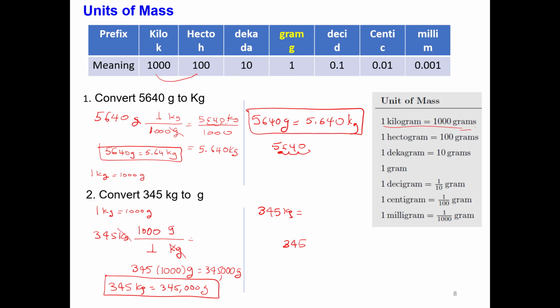And 1, 2, 3, we need to move 3 decimal places to the right. And here the decimal point moves 1, 2, 3, and here will be the same answer. Because we move from kilo, 1, 2, 3, to the grams, then here we add the missing zeros.